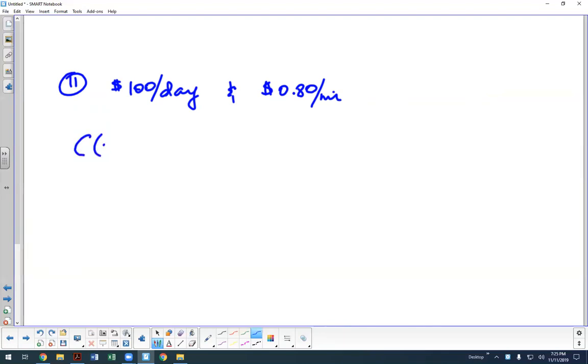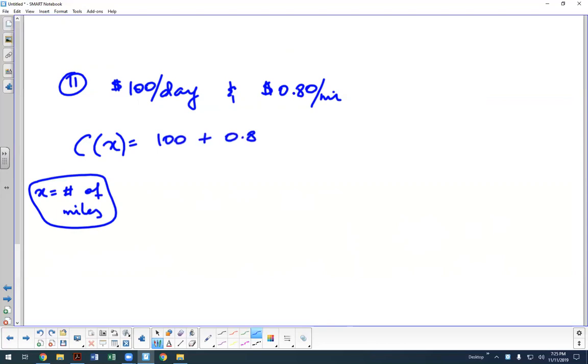Would be 100 plus 80 cents X. Okay, so we're paying 80 cents for each mile. That means we are defining X as the number of miles. Okay, so it's $100 a day plus 80 cents for each mile.